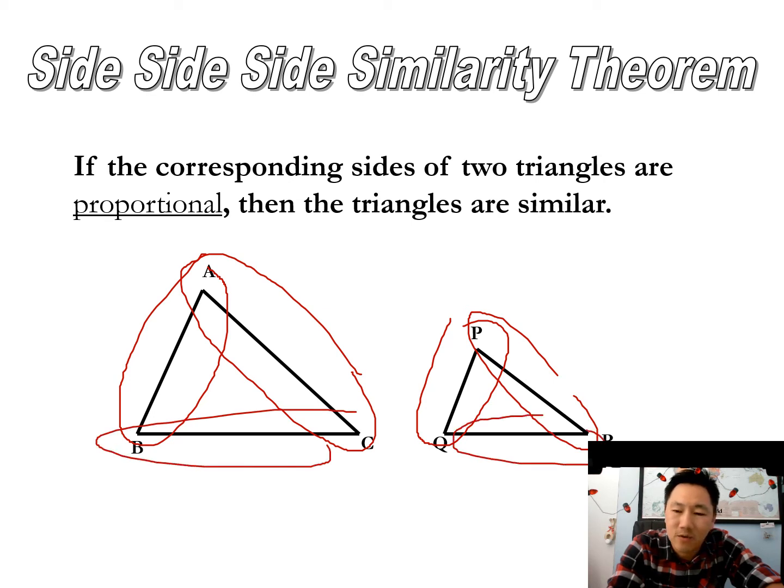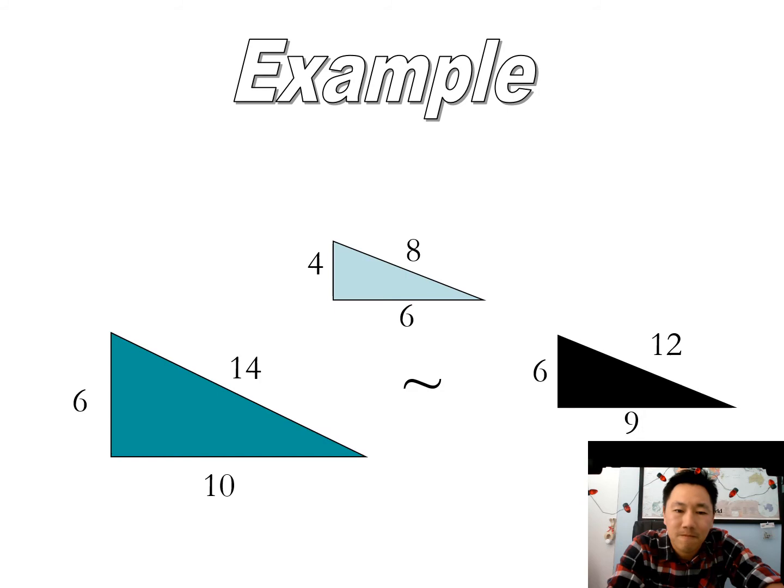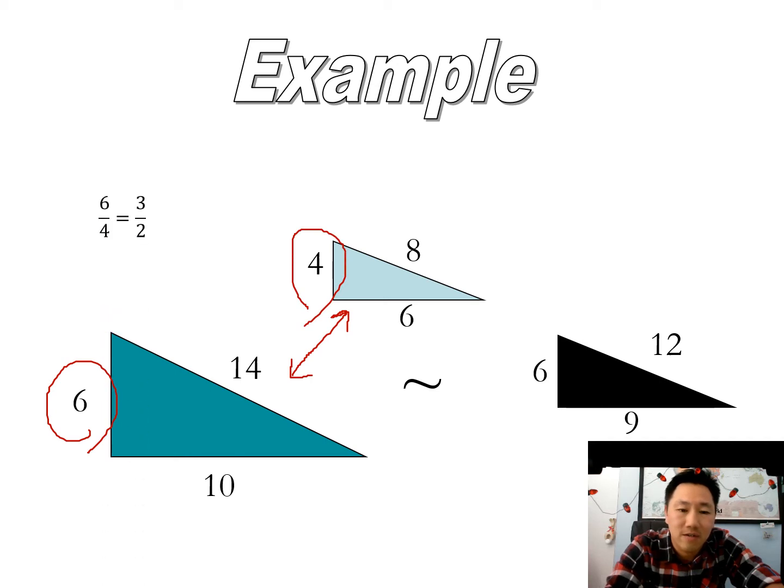All right, so let's see what that means right now. Looking at those three triangles, which two are similar? Well, we're going to go ahead and just compare two at a time. Let's work with these two. Let's take side 6 and compare it to side 4. 6 to 4. Reduce it. Always reduce your fractions. Let's go ahead and compare side 14 to side 8.